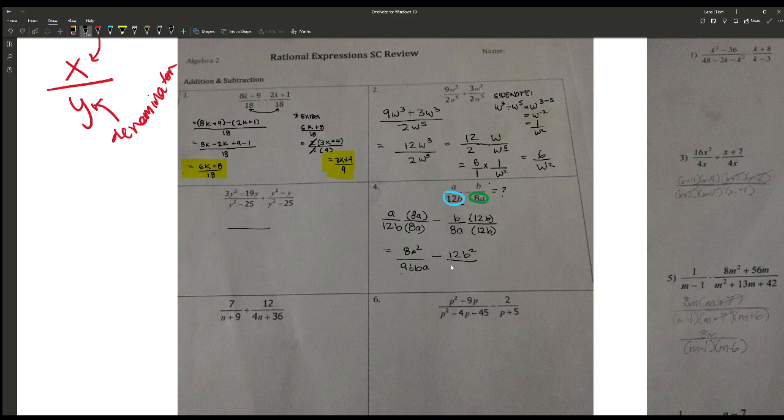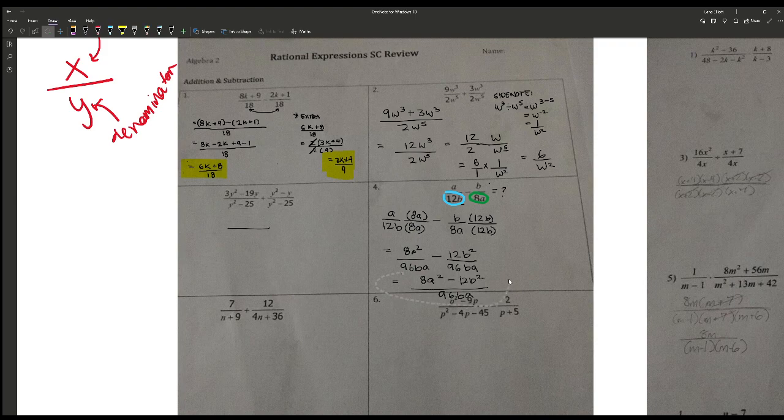So we're going to have 96ba. Now, similar to the process for question 1, 2, and 3, now that we have a common denominator, it's just a matter of simplifying. So we have 8a squared minus 12b squared over 96ba.